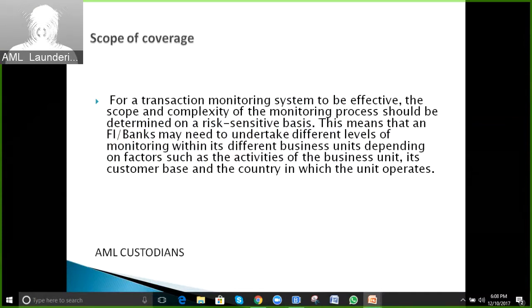Different countries have different regulations, all different from each other. So the units must have different tools set up and different rules set up in their tools. Any queries or clarifications on this slide?